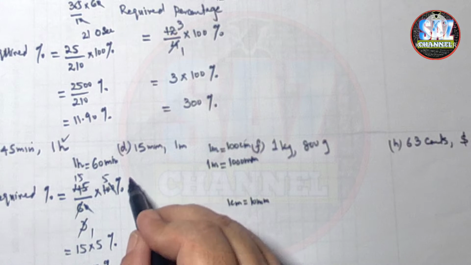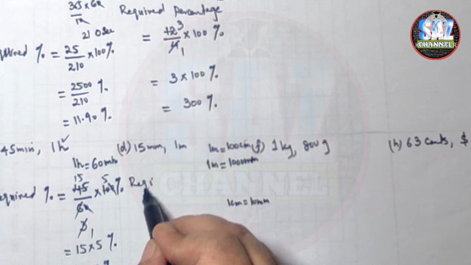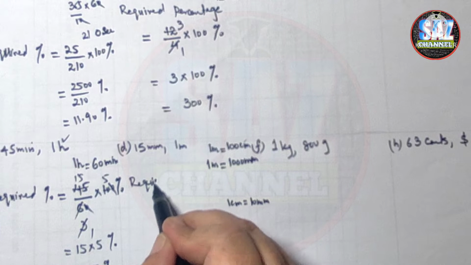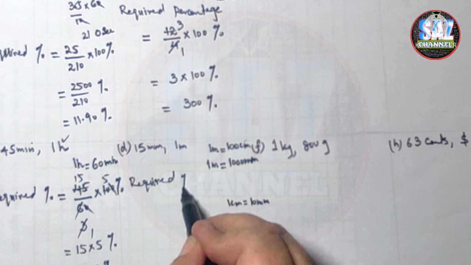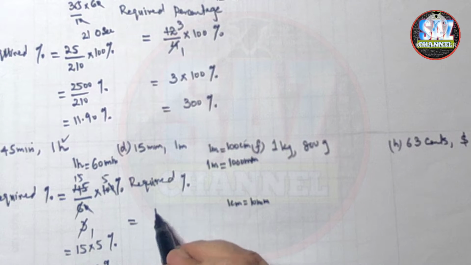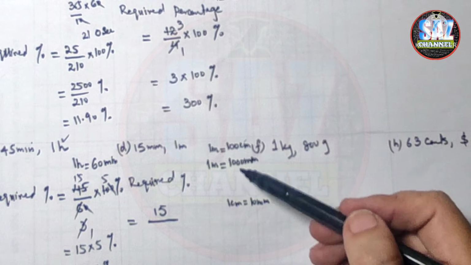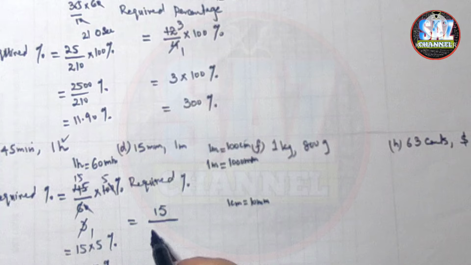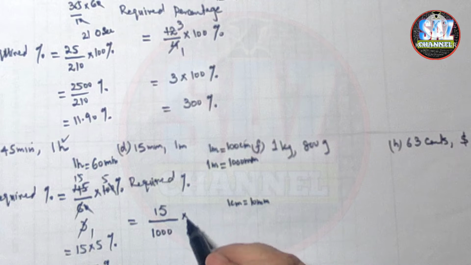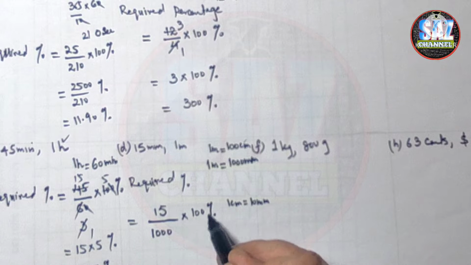So required percentage will be equal to 15 upon, for 1 meter the converted answer is 1000 millimeters, times 100%.